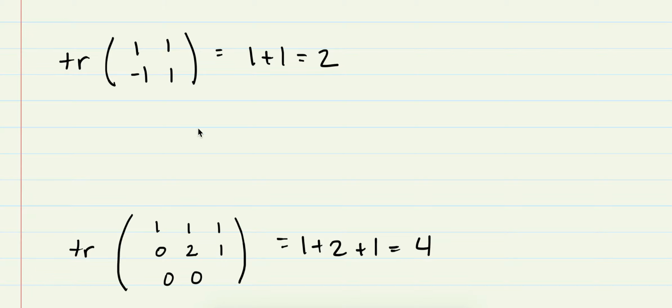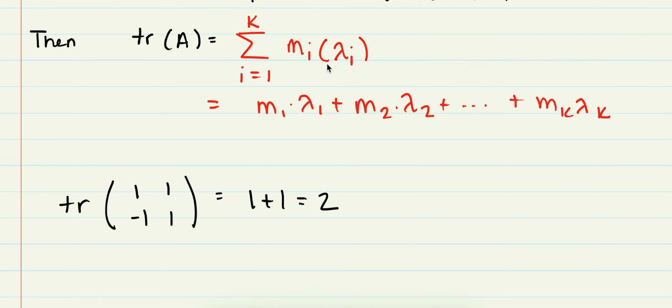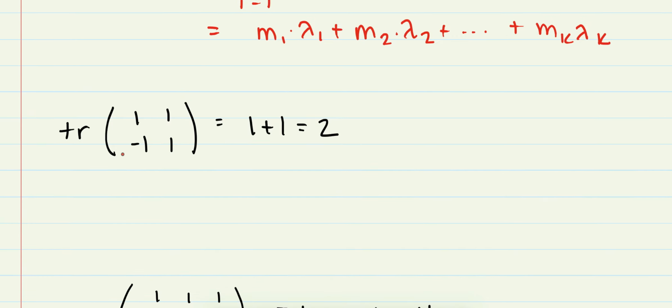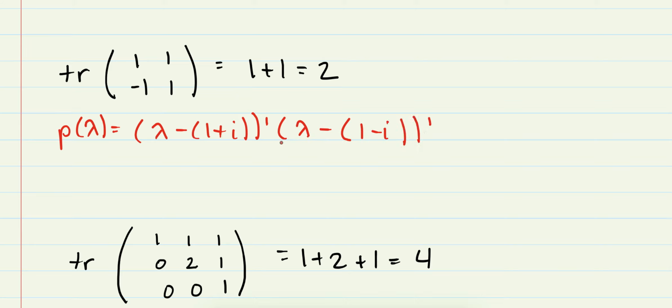Now let's see if we follow the property above, that the trace is just the sum of the eigenvalues multiplied by their multiplicities. We said that the characteristic polynomial for this matrix is lambda minus 1 plus i raised to the first power times lambda minus 1 minus i raised to the first power.